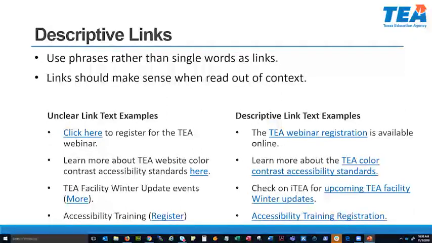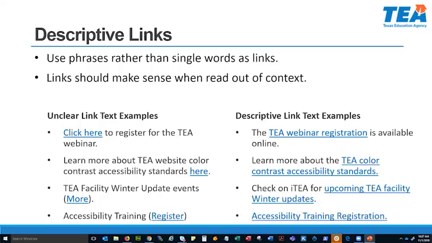When you're inserting links in your document, make sure they're descriptive. Use phrases rather than single words to be links. They should make sense when read out of context. A big part of accessibility is descriptive links.